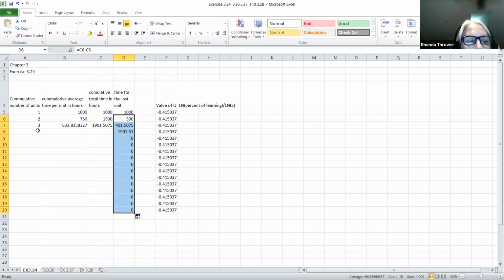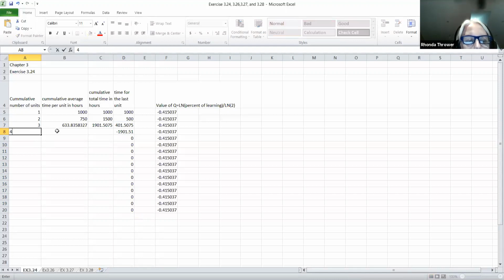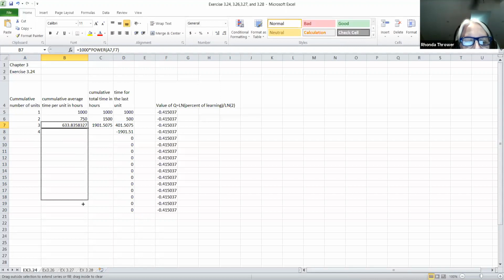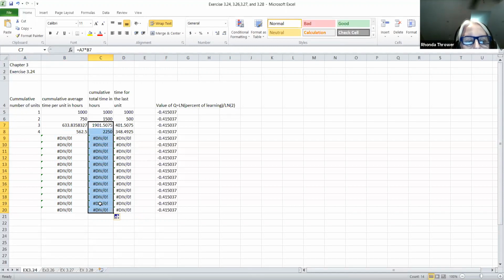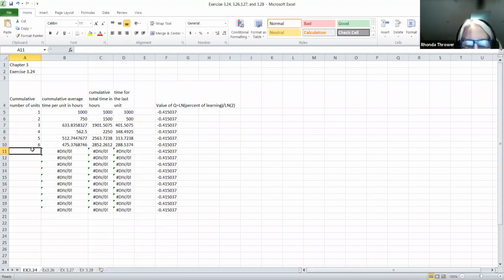So the next thing that you would do is put in 4 here. Copy this formula down, and copy this formula down. And so every time you put in the cumulative number of units, it just fills in for you. So the next thing they wanted was 5 and 6. So once you get your formulas entered in, the rest of it is pretty simple.